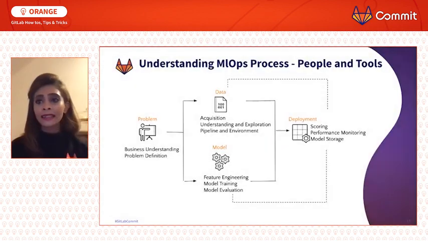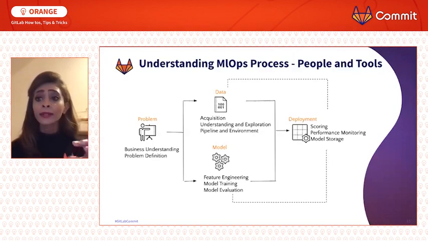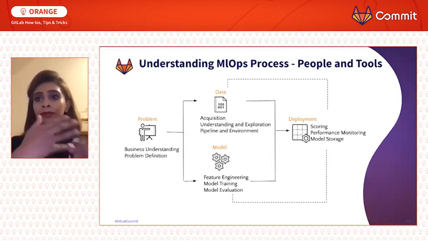What we see here in that MLOps process is that there is a problem, a business understanding. What is relevant is we need the right data, and with that we need the right pipelines to extract that data in batch or in real time, load it and transform it.